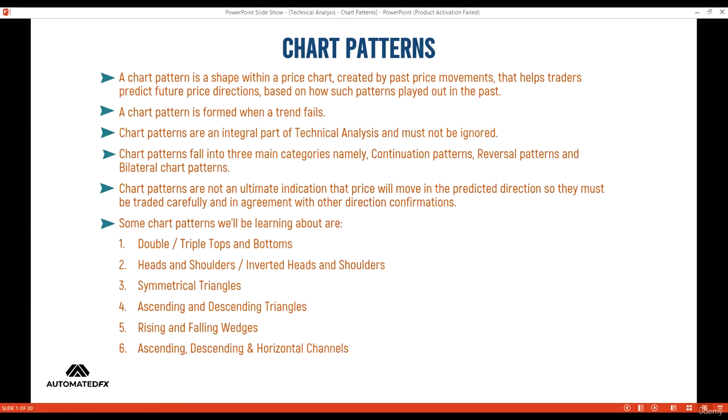While reversal chart patterns tell us that there is a possible reversal in the direction of the trend after they occur, bilateral chart patterns are those that, when they occur, the market can move in either direction. So the market can either continue in the previous direction or the market could reverse. Okay, so that's what bilateral chart patterns are.